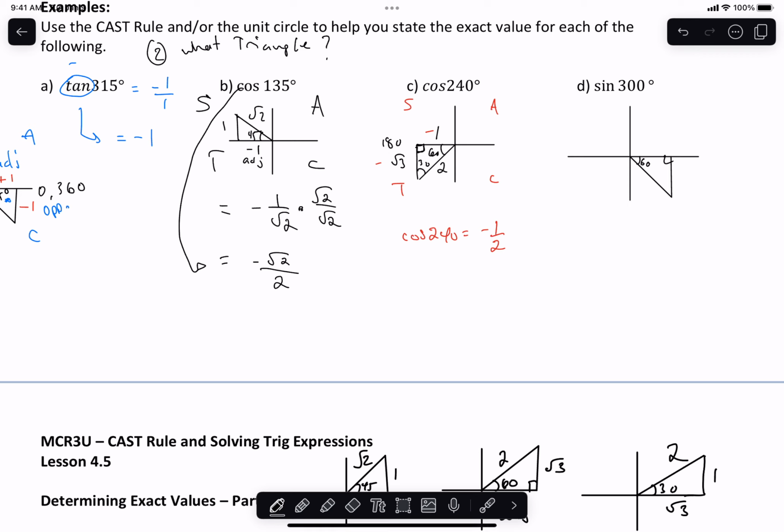And so we're again in the situation of a 30, 60, 90 triangle, specifically where the 60 degree is the angle formed from the terminal arm to the x-axis. So that makes that 30, 1, root 3, 2.